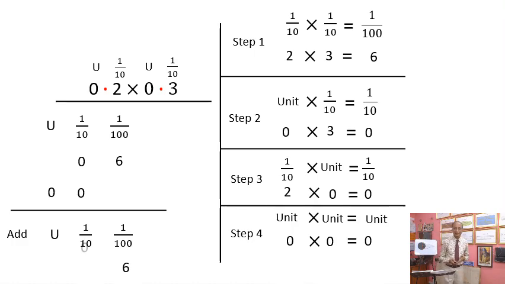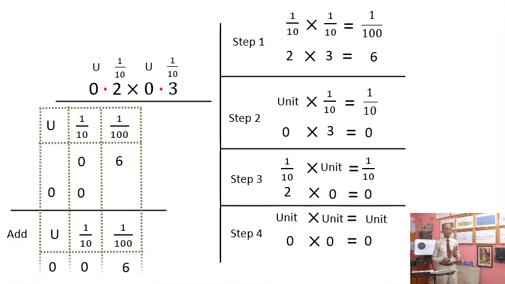And how many 1/10s are there? 0 1/10s are there. How many units are there? Again only 0 units are there. So we conclude that the product is actually 0.06. I think it is better to have a tabular column like this so that we can be very sure of the place value of each and every digit. I think it is now very clear to you.